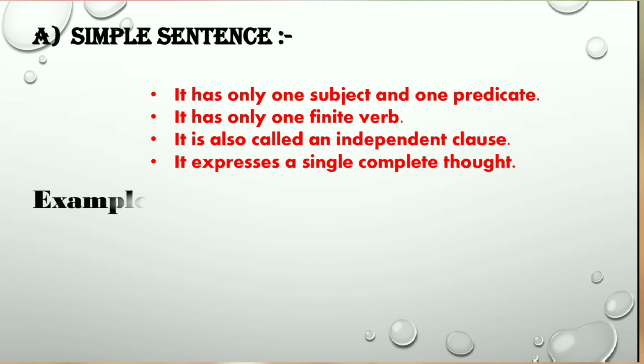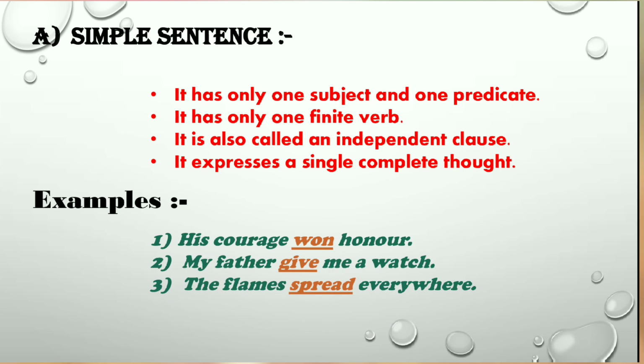Friends, I would like to tell you now some examples. First, his courage won honor. Here, won is a finite verb, and if you divide the sentence, his courage is the subject, won honor is the predicate.